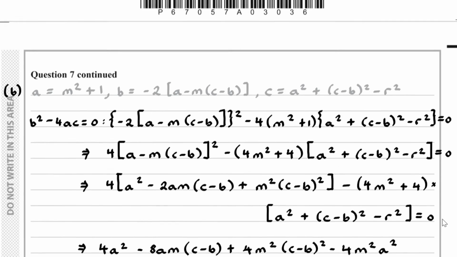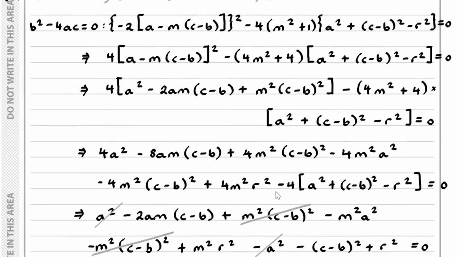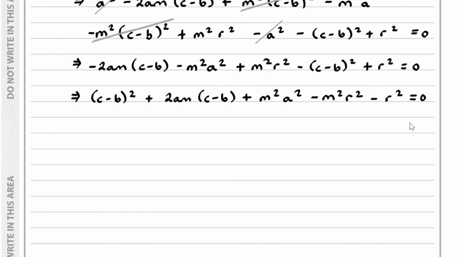Now, if we take a look at what we want to show, we've got c equals b minus ma plus or minus r times the square root of m squared plus 1. So it looks like what we have to do is solve this quadratic.